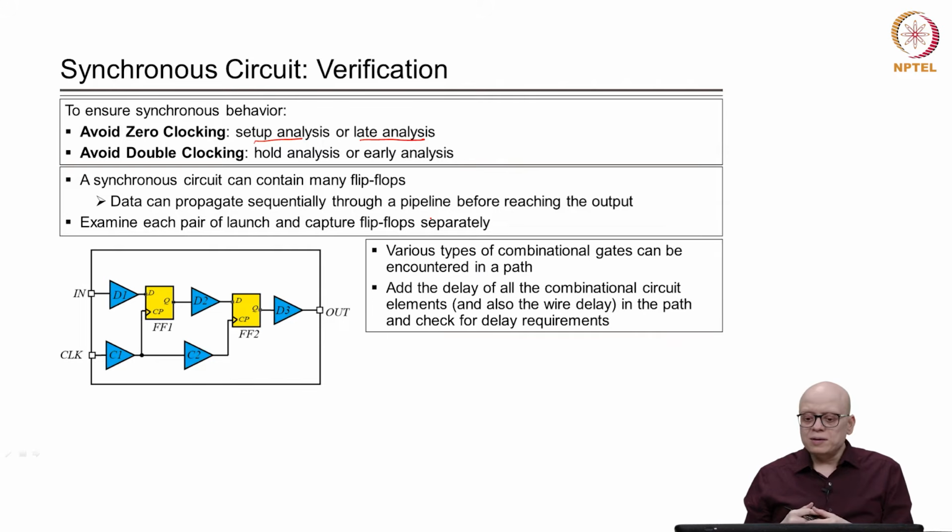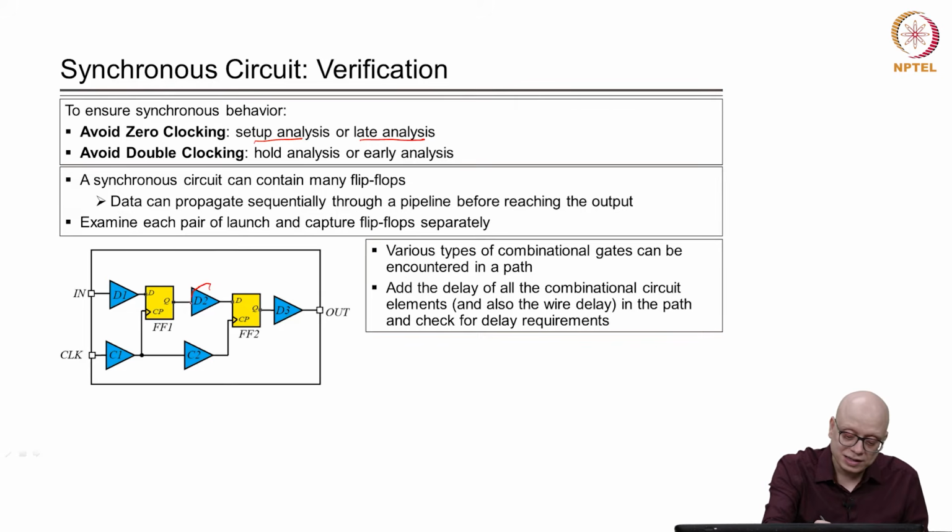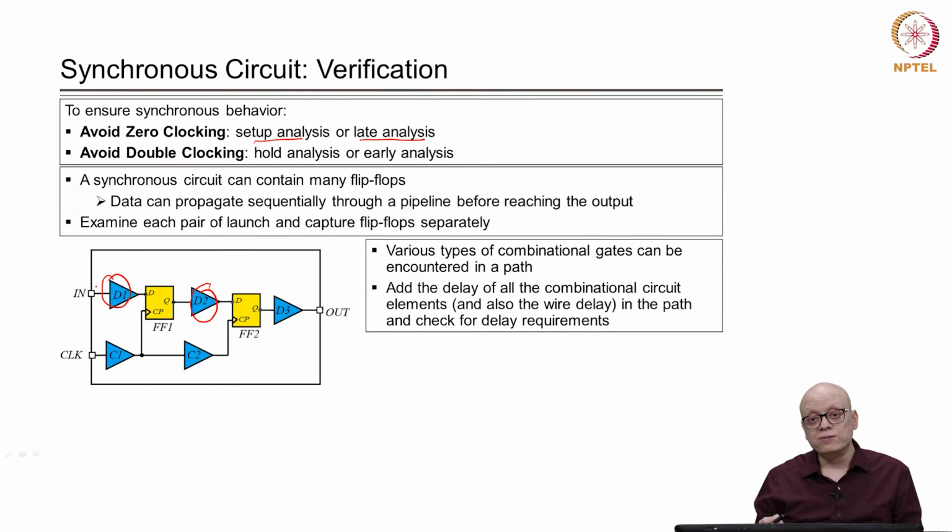So, now there are various types of combinational gates that can be encountered in the path, right. So, we have taken a simplistic case in which we have only buffers in our path, right. What if there are AND gates, NAND gates, XOR gates and other kinds of complicated gates? In those cases, the tool will add the delay of the combinational circuit elements in the path and then check for the delay requirements.